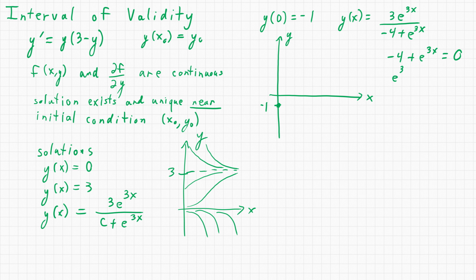Well, e to the 3x is going to equal 4. Take a natural log, we get 3x equals natural log of 4. So x equals 1/3 natural log of 4 is when the denominator will actually become 0.